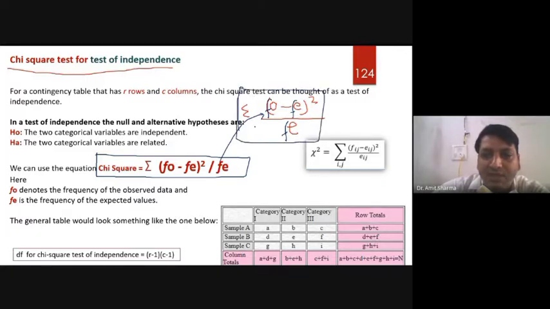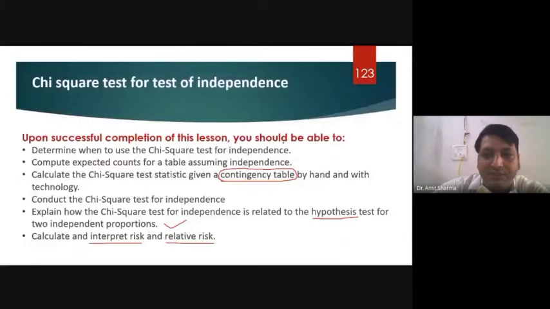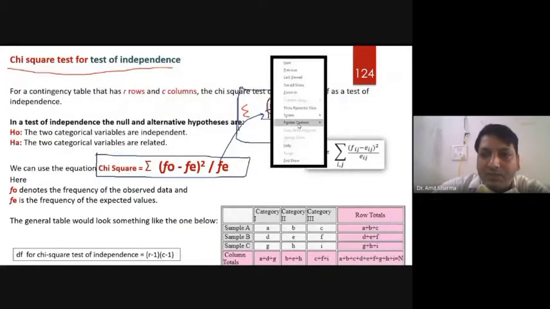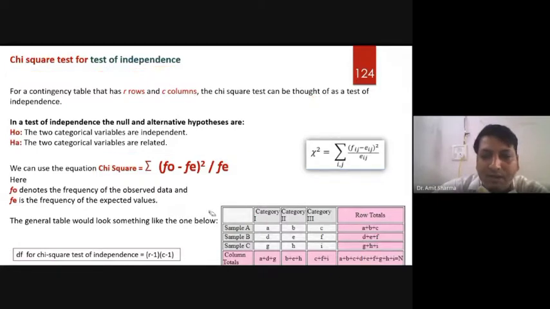That is the difference between the goodness of fit and the test for independence equation. Once you understand the equation, you are able to calculate it, and you are going to find this during the examination.